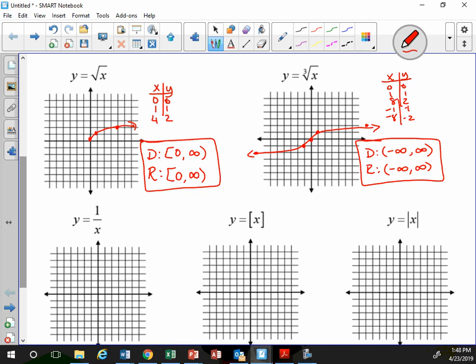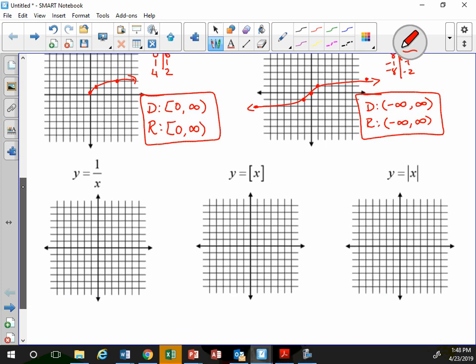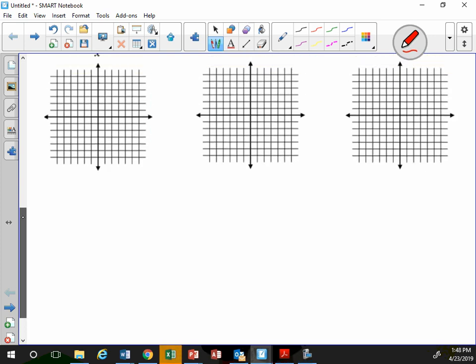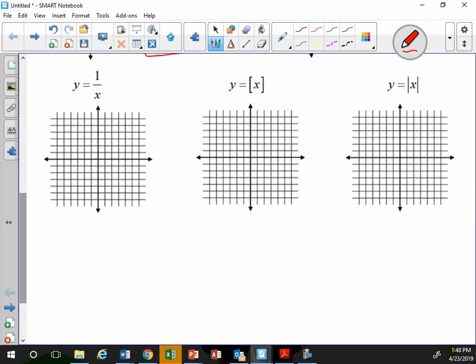All right, let's look at 1 over x. Even if you don't know exactly what the graph is going to look like, do you know something about it? x can't be 0, so what's going to happen at 0? Vertical asymptote. So let me draw in my asymptotes.